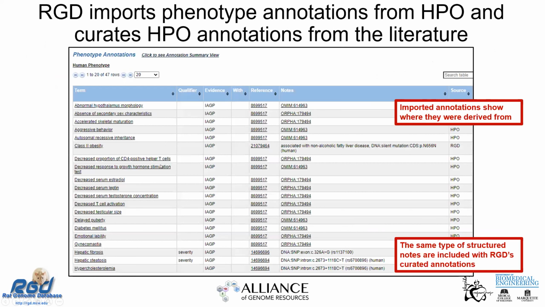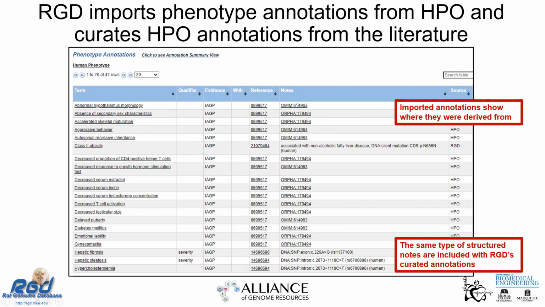So RGD imports phenotype annotations from HPO and also curates HPO annotations from the literature. So we've got for Lepr, not surprisingly, a whole list of phenotypes that have been associated. Imported annotations show where they were derived from.